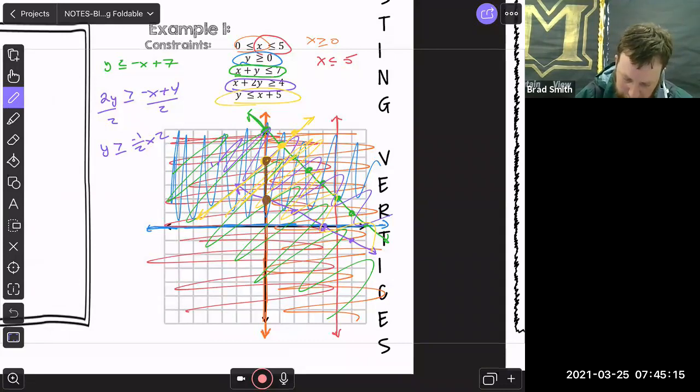I know there's a bound right here because that's my orange. Nothing can go to the left of that. I can also go to here. This green cuts it, and then this cuts it. So these are my vertices. And this is the polygon that's formed. So this is considered my feasible region.